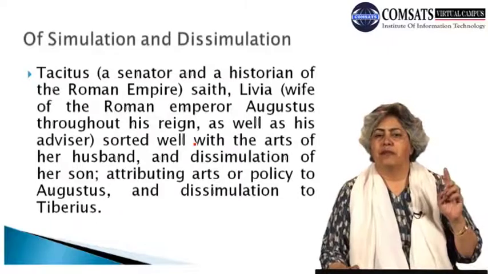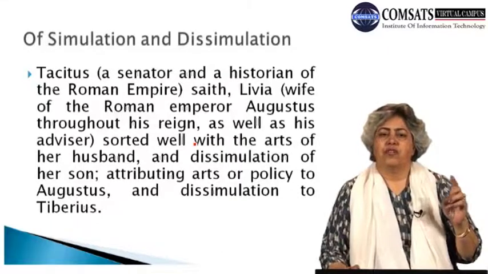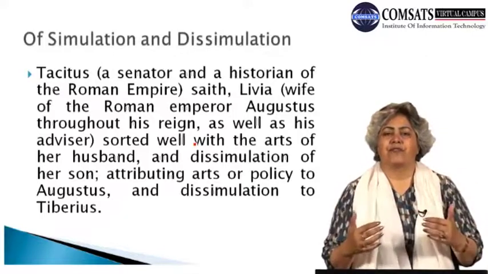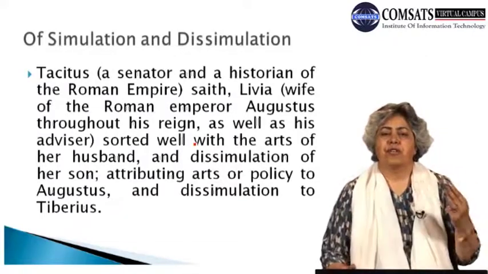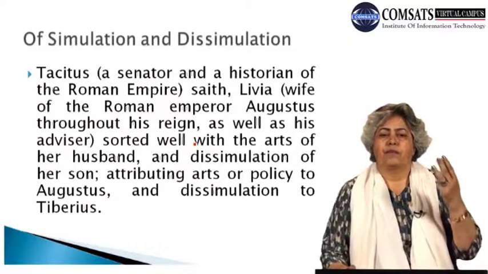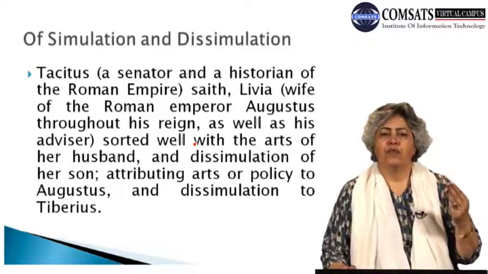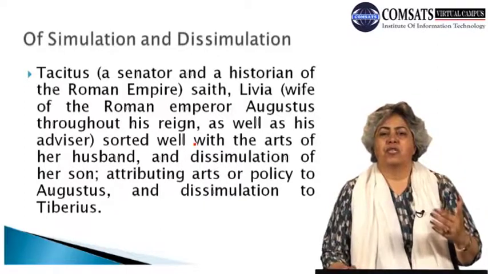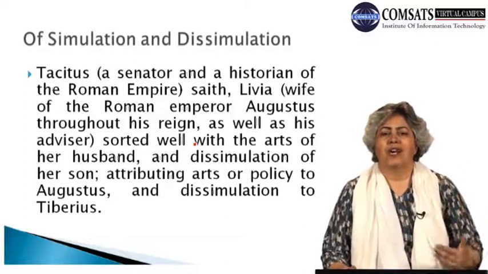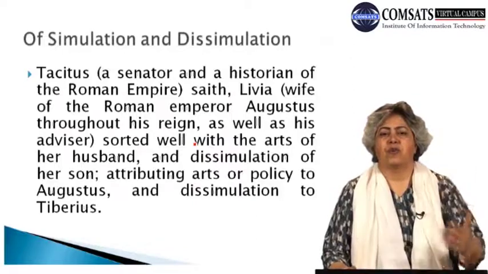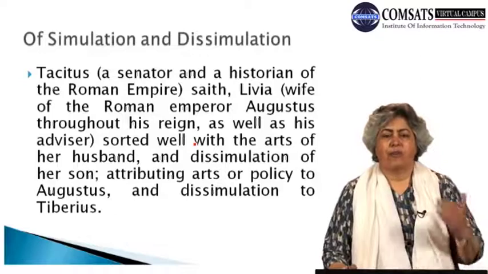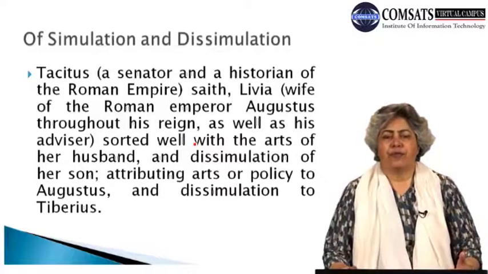You remember, after the death of Julius Caesar, there was a triumvirate that was formed. Three people ruled Rome, and one of these was the Emperor Augustus Caesar. Augustus was Julius Caesar's nephew and one of the Roman emperors.